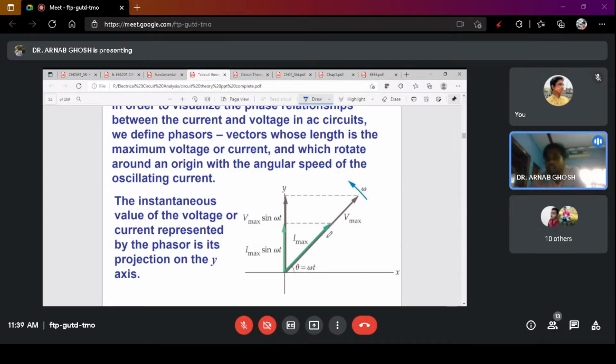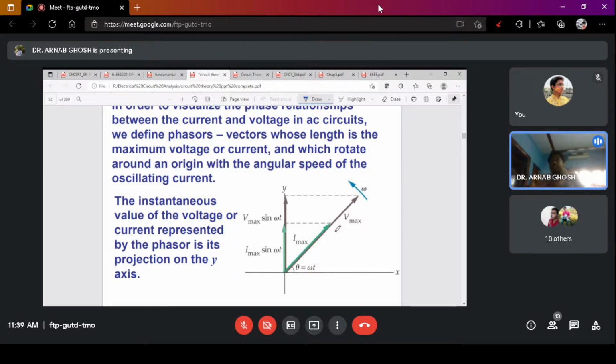The Imax vector will be in sync with the Vmax vector, since you are having no phase difference, that is the power factor is equal to 0. So the Imax and the Vmax phasors will be in phase with each other.